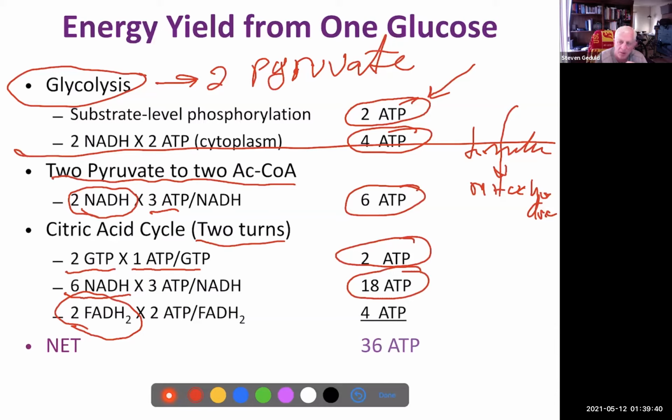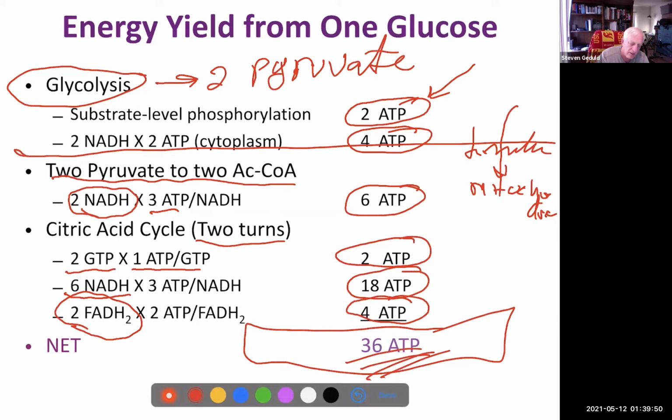And FADH2, remember, doesn't do the first transport, but does the last 2. So it produces 2 ATPs for each one, so that gives you 4 ATPs. So what you've got, when you run 1 molecule of glucose from glycolysis through the citric acid cycle, you produce 36 ATPs. And that's where they come from.